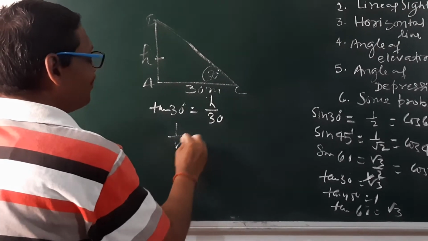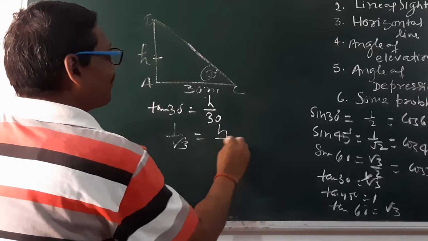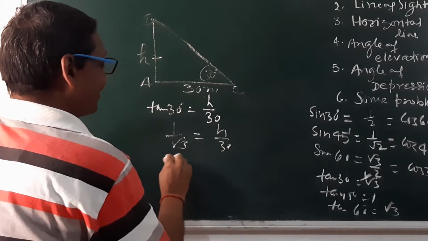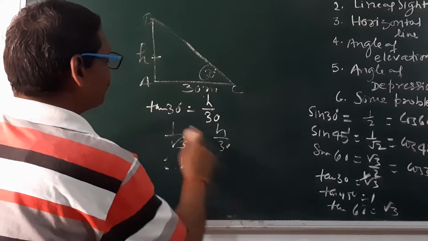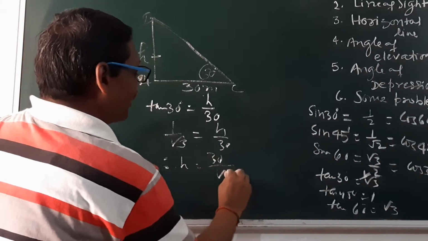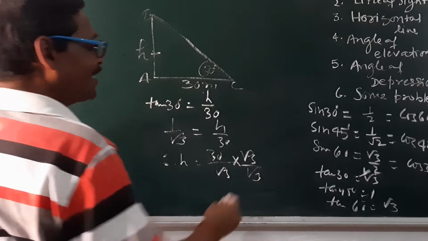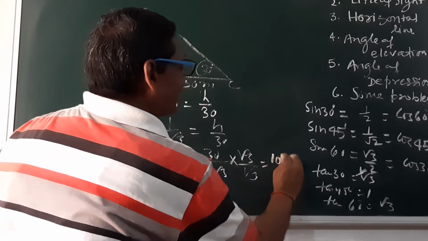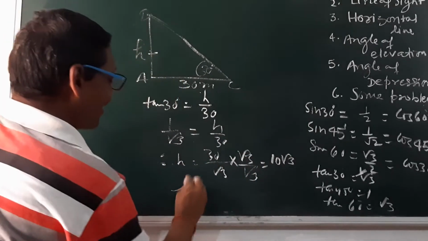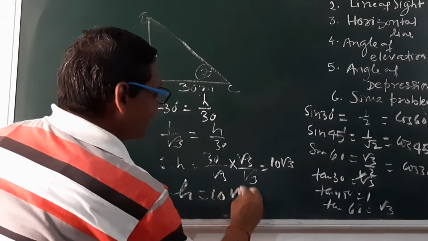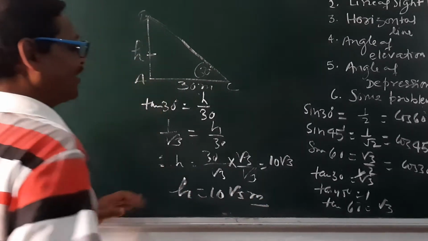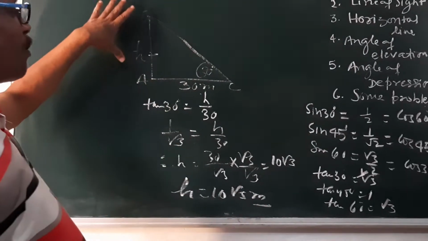Tan 30 means 1 by root 3, equal to h by 30. Therefore, h is equal to 30 by root 3. Rationalizing by multiplying by root 3, we get 10 root 3. The height of the tower is 10 root 3 meters. And in this way, the problem is solved.